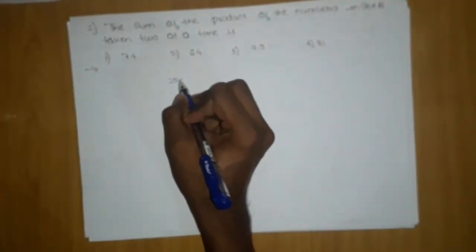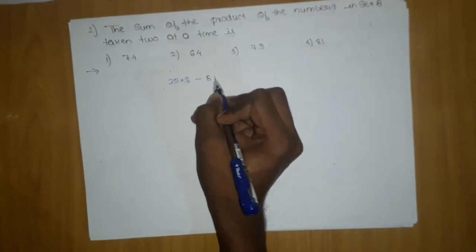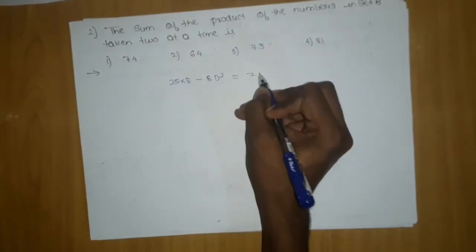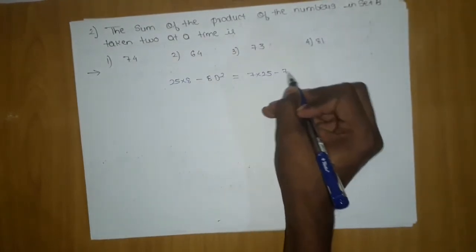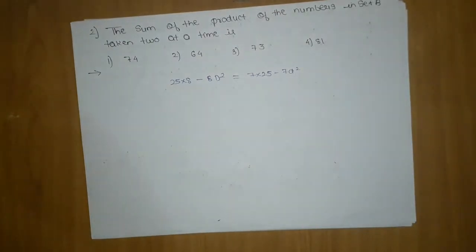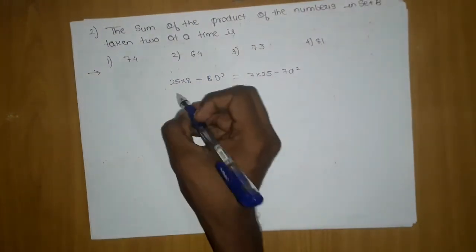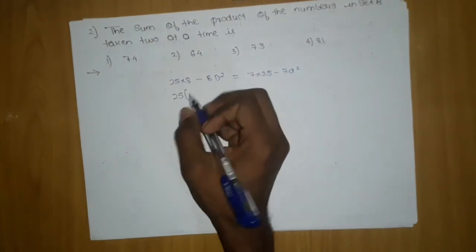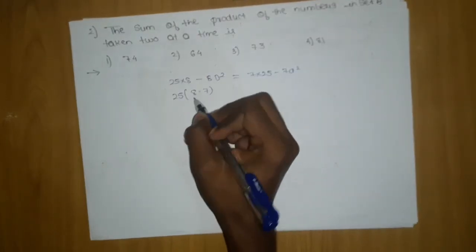So here if I cross multiply, 25 into 8 minus 8d square should be equal to 7 into 25 minus 7d square. But we should not multiply, because if I move it that side I can take 25 common and here 8 minus 7 will be there.